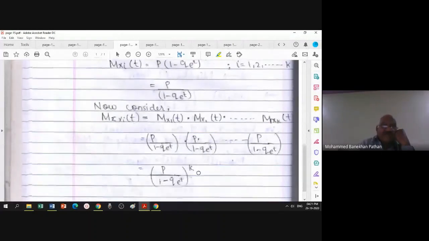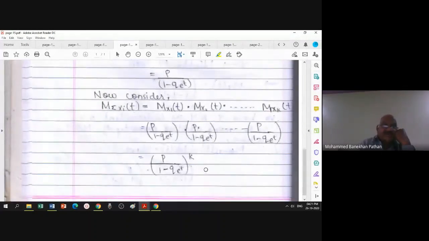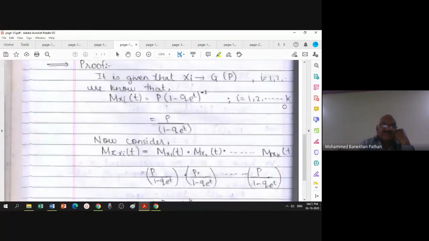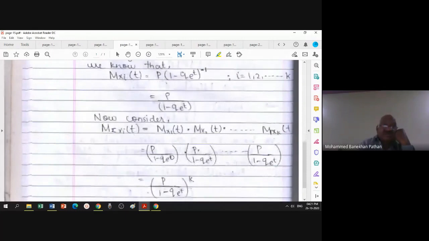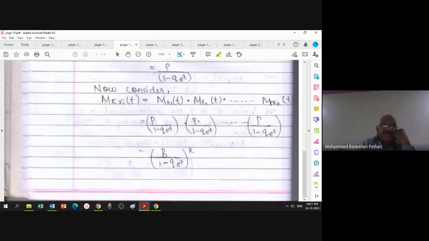So by a rule of mathematics, when the base is common, you can add the power. So there are how many brackets? Totally, we are studying k variables, so there are k brackets. So finally you get M of summation Xi at point t, p divided by 1 minus q e to the power t, whole bracket to the power k.